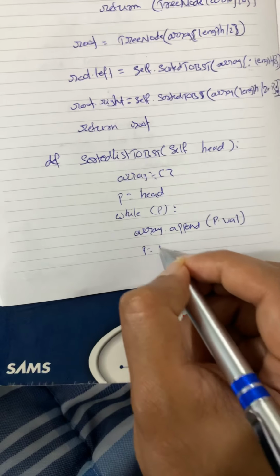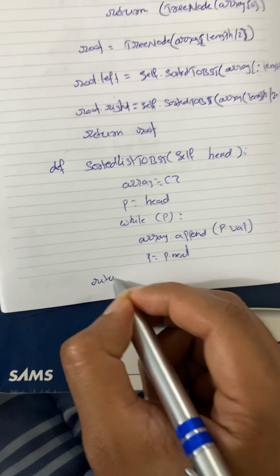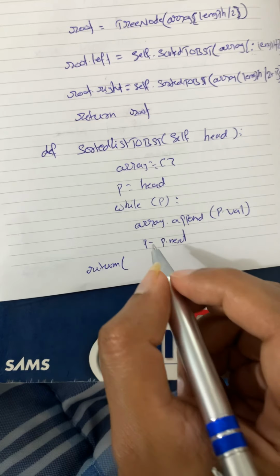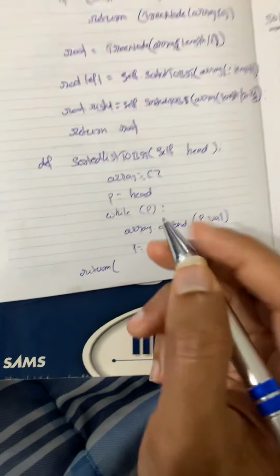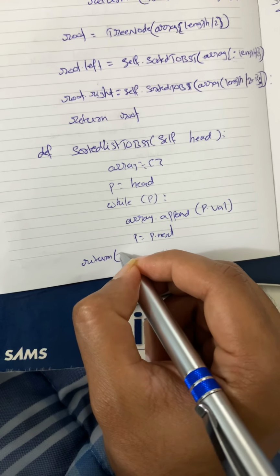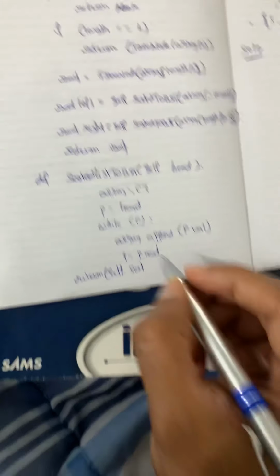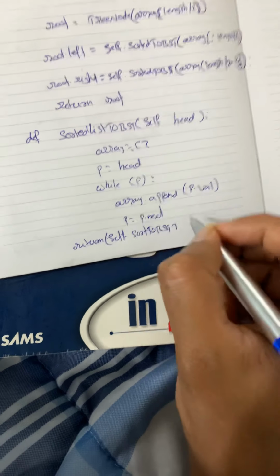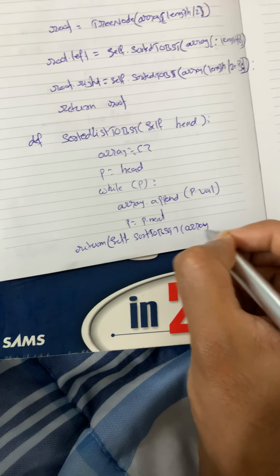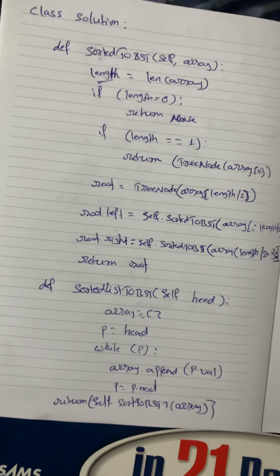Now we make p equal to p.next, and then we return self.sorted to BST, the previous function, the first function, which takes the array as input. So this is our solution for this problem.